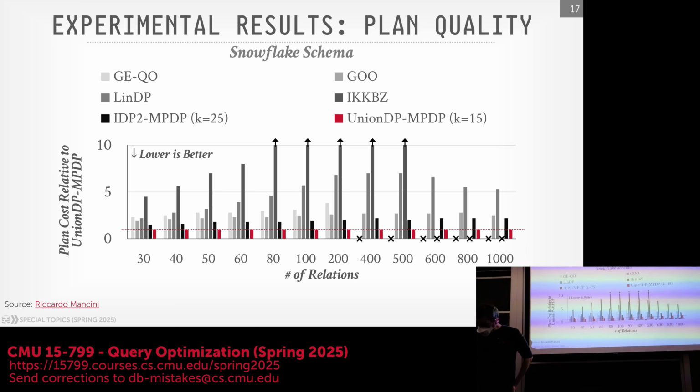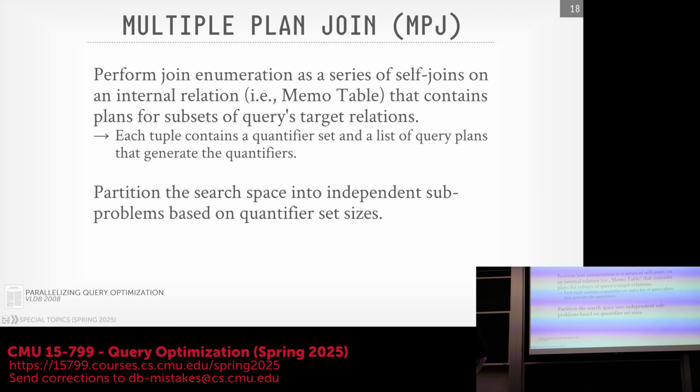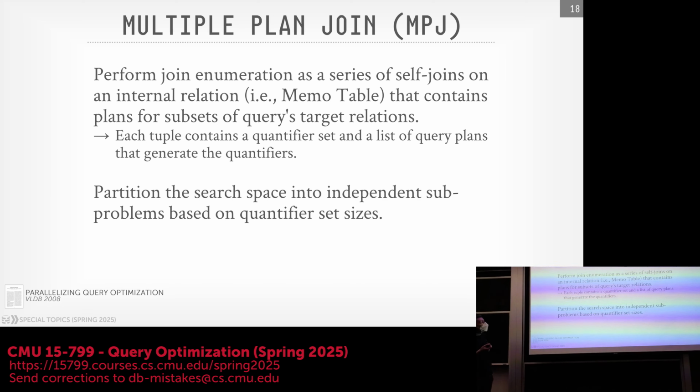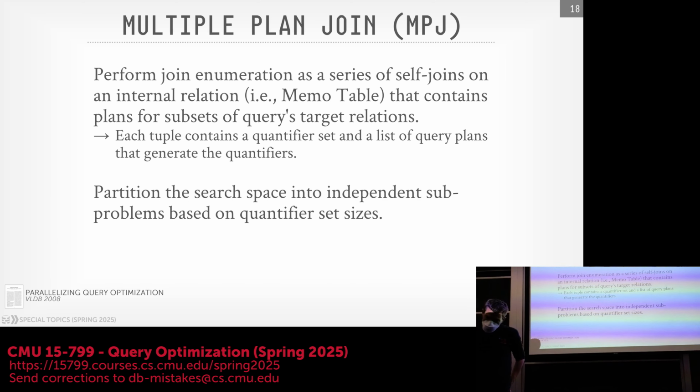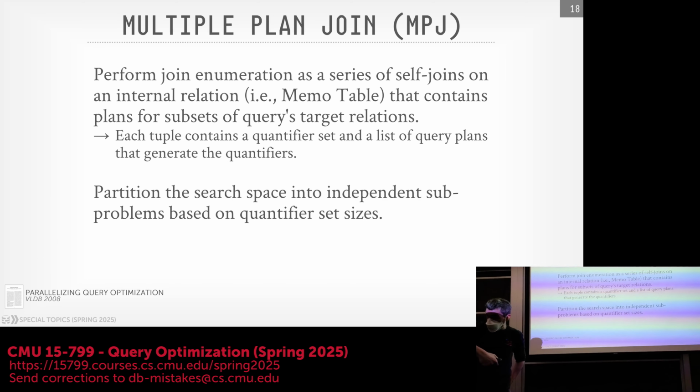Okay, so this is the one from EPFL. I want to briefly talk about another approach from IBM that predates that, since it came out in 2008. The basic idea here is that you're going to represent the possible join orderings you can have in a relational database.